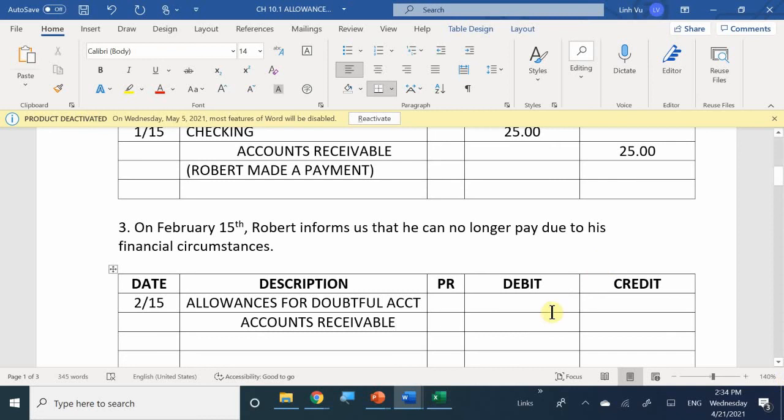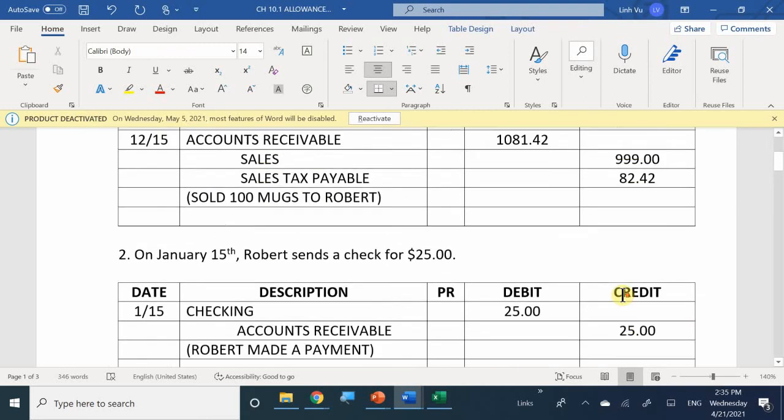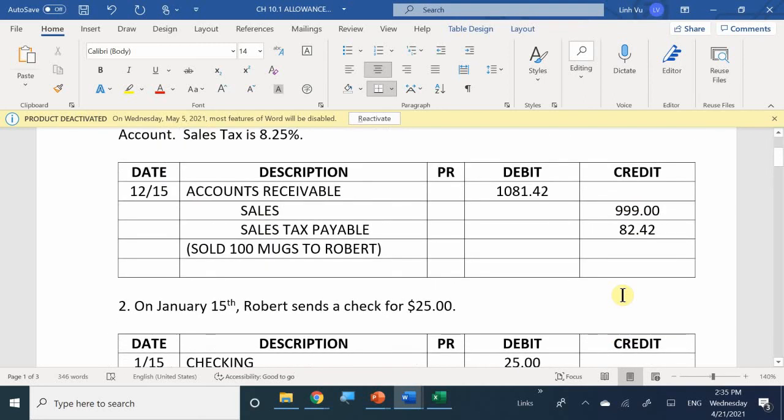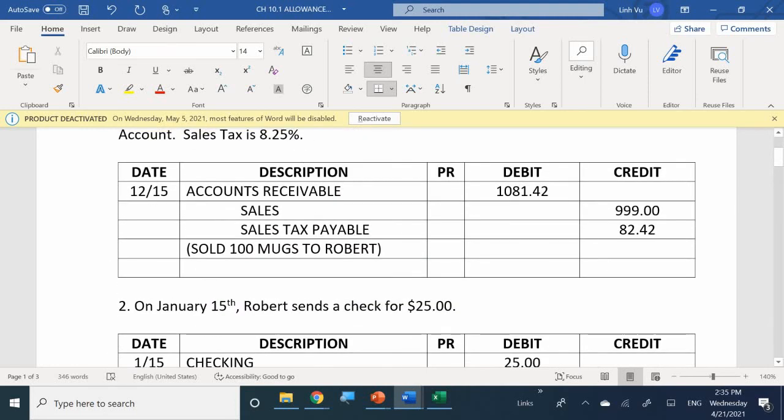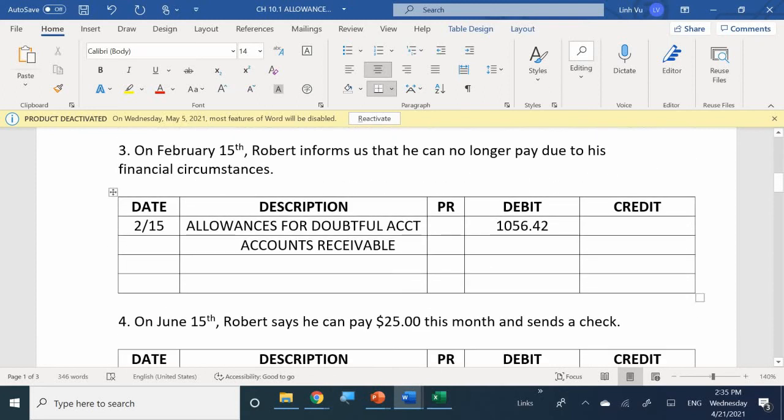Okay. And how much is the total amount since he's just saying, I can't make a payment? $1,056.42. So that should be the 25 minus the 81, which gives you 1056.42.